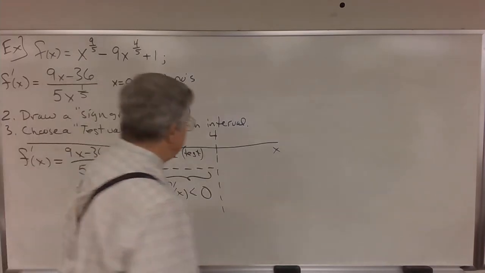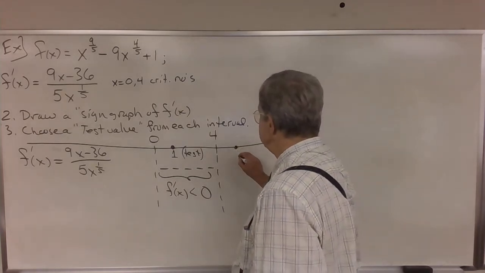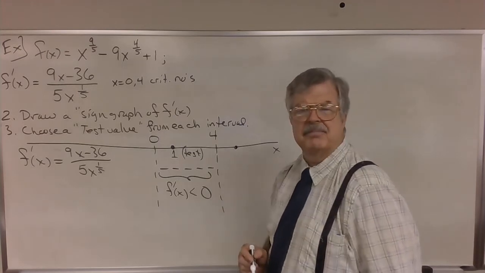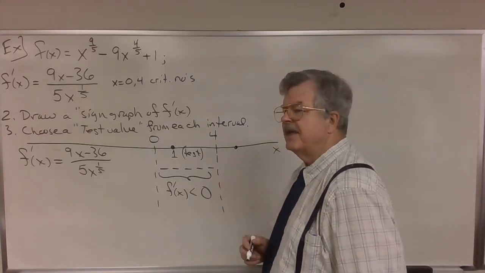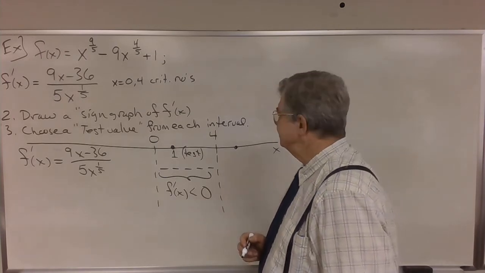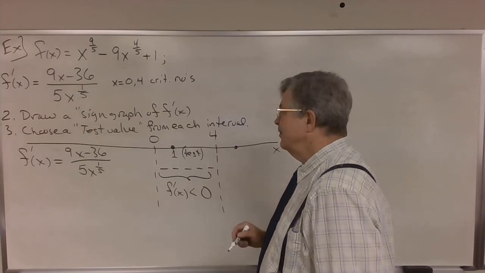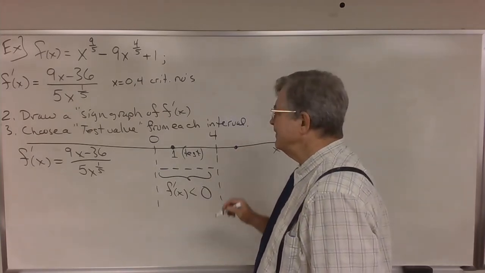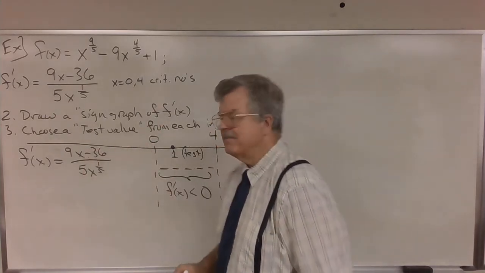Okay, over here, I guess I can pick a test value that has a 5th root that I know. 8 is a perfect, whoops, not a cube root, a 5th root. Holy moly. You know what? Well, 32 is a perfect 5th power. Now, I'm going to have to compute 9 times 32. I don't want to do that.